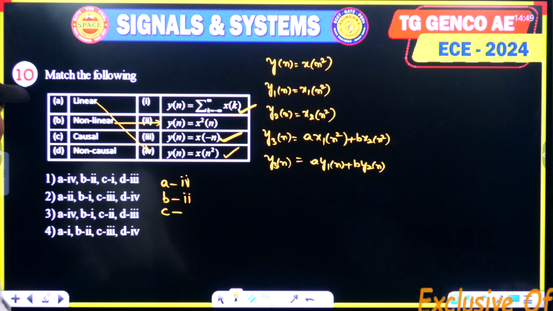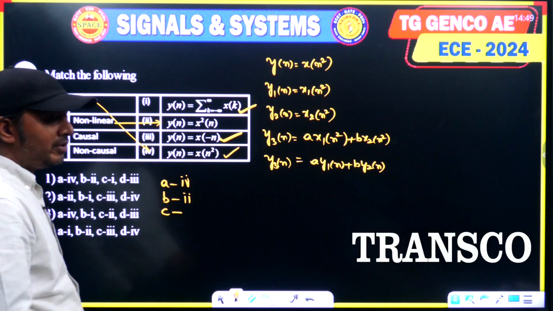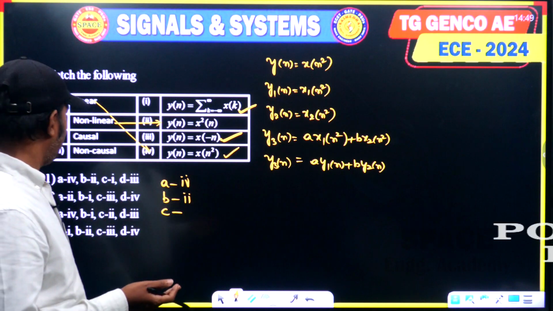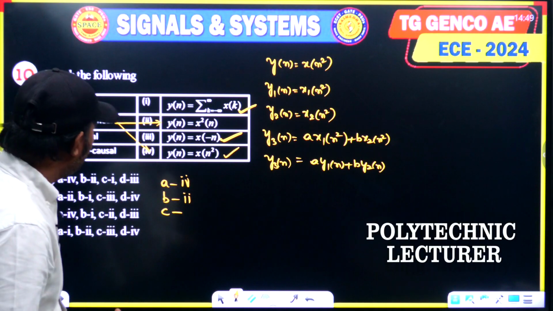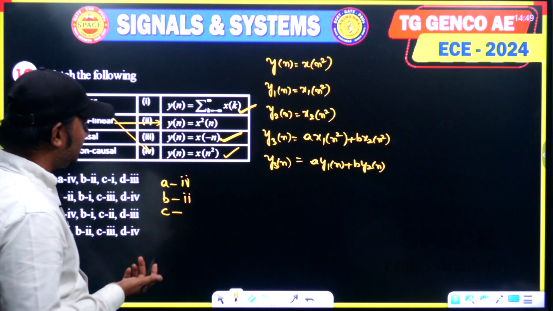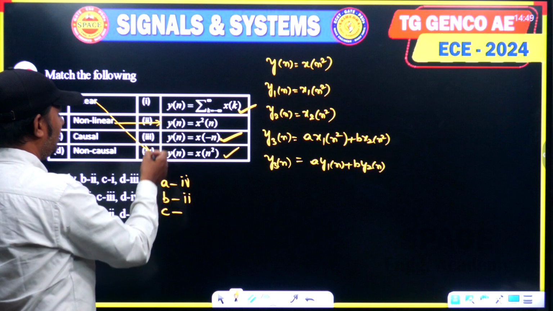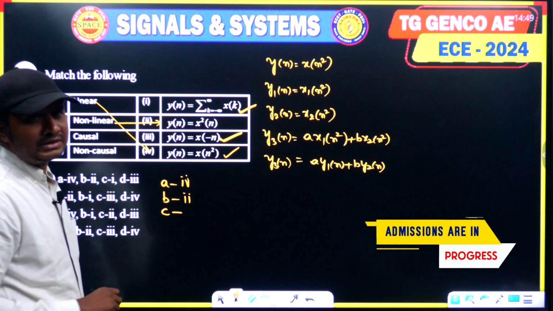Causal means the output at any time instant must depend on present and past values of input, but not on future. So I think his assumption is that we have already taken these two. Among the remaining we have to answer.